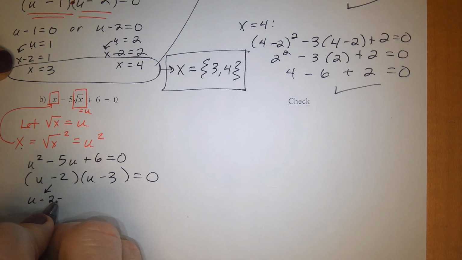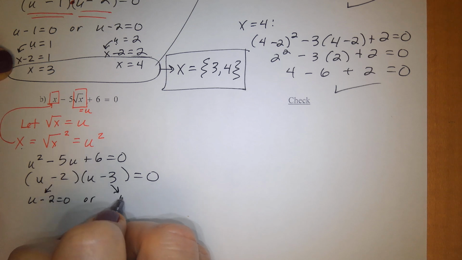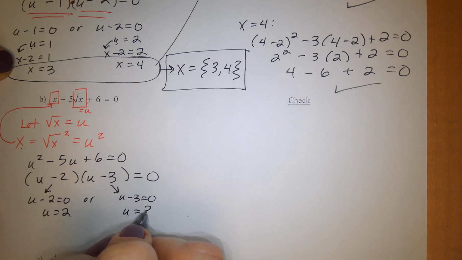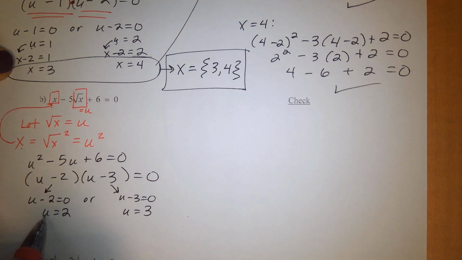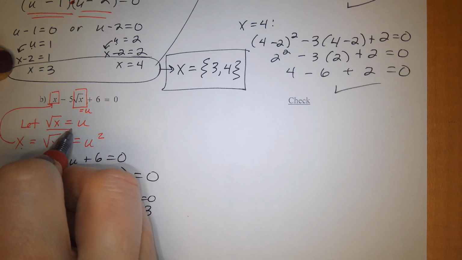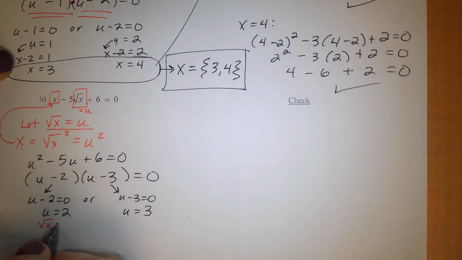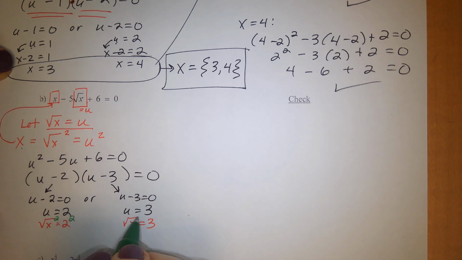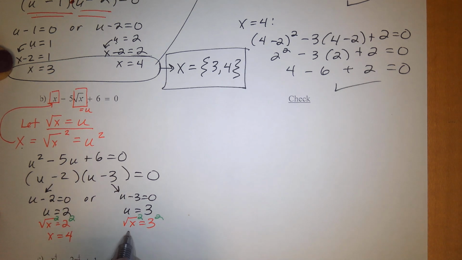So either u minus 2 is 0 or u minus 3 is 0, which makes u equal to 2 or 3. But of course we always have to substitute x back in. Instead of saying u, let's call it square root of x. Then, solving for x, we're going to square both sides. So that gives me x equals 4 and x equals 9.